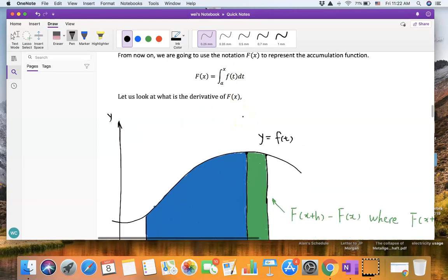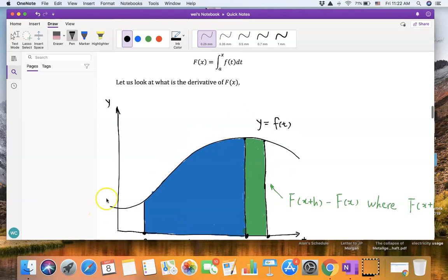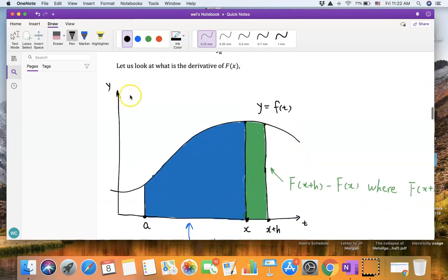So let's suppose this is the graph of the function y equals f(t). Now in this coordinate system, the horizontal axis is the t-axis and the vertical axis is the y-axis.